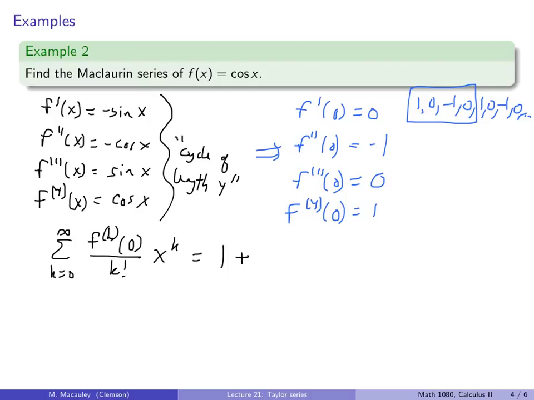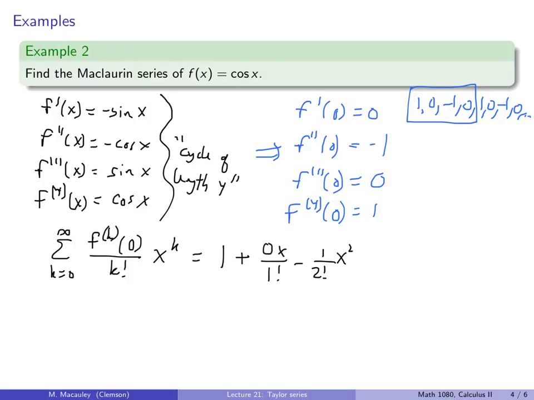That's 0x over 1 factorial. Next we have 1 over 2 factorial, so that's minus 1 over 2 factorial x squared.